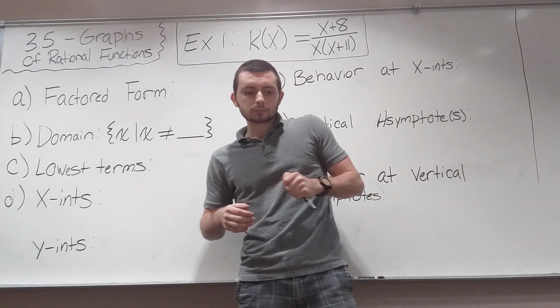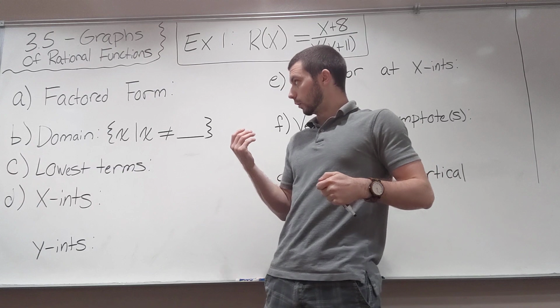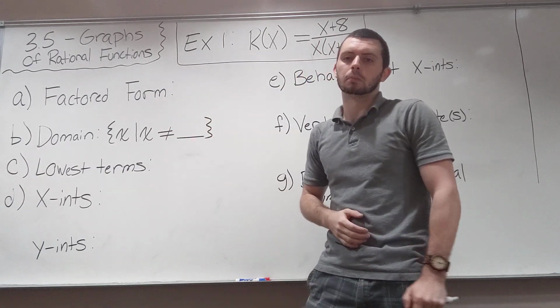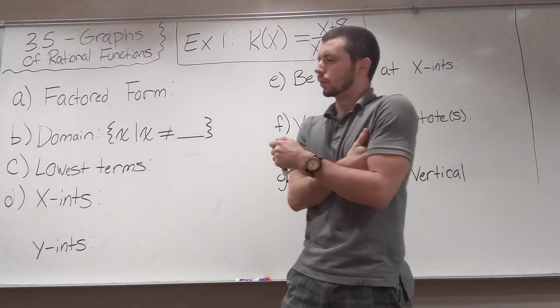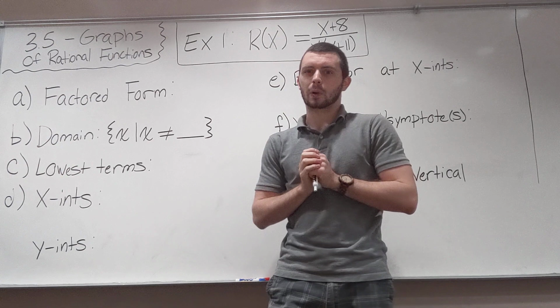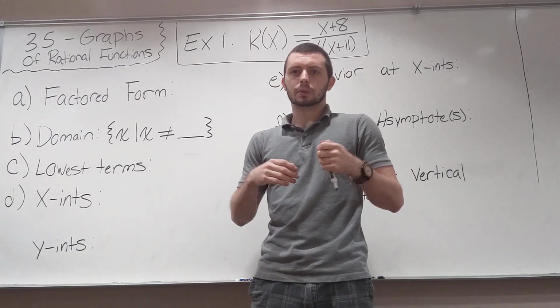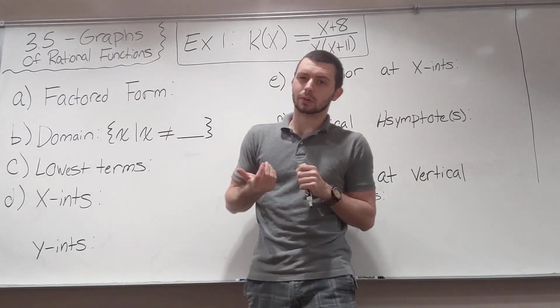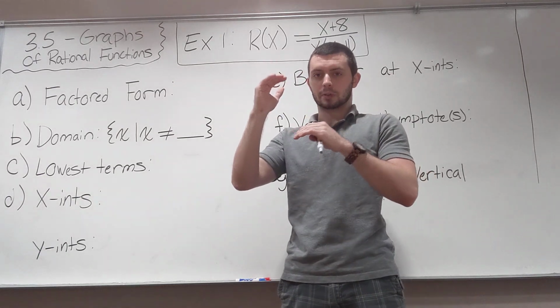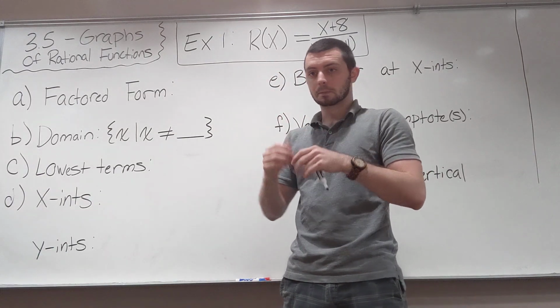We start off by looking for the fully factored form of the rational. We haven't really talked about the factored form of a rational, but it is just the factored form of the polynomials in the numerator and the denominator.